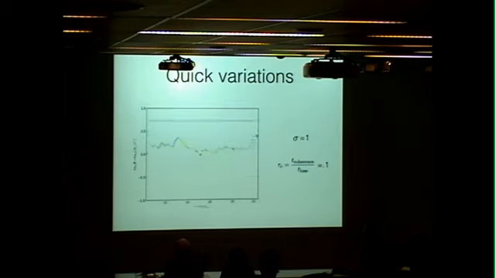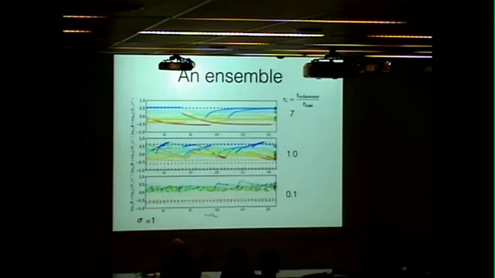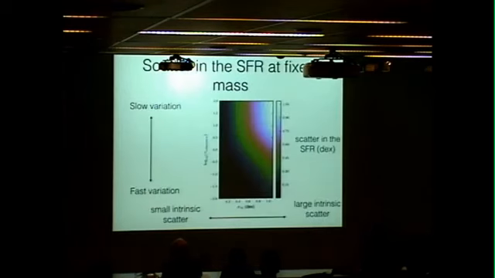So now what we can do is systematically explore this parameter space by simulating a bunch of different galaxies at the same time, and we can map out the whole parameter space. Here I'm showing you the intrinsic scatter that we put in and the ratio of these 2 timescales. Each pixel here is an ensemble of 10,000 galaxies for which we're measuring the resulting scatter in the star formation rate.